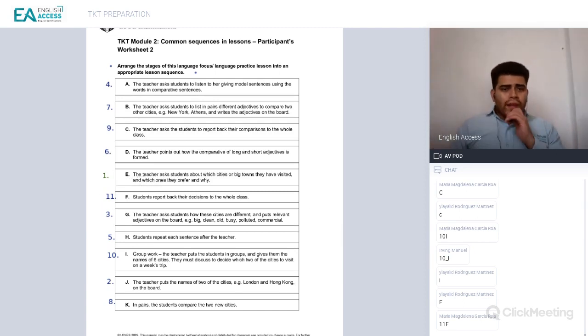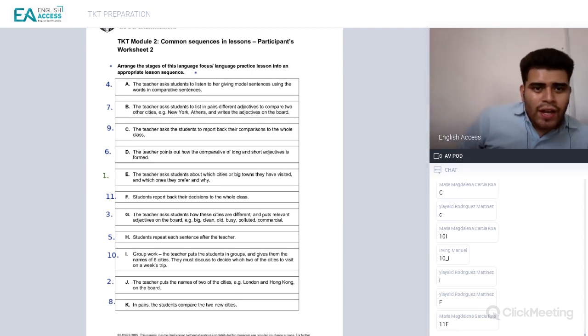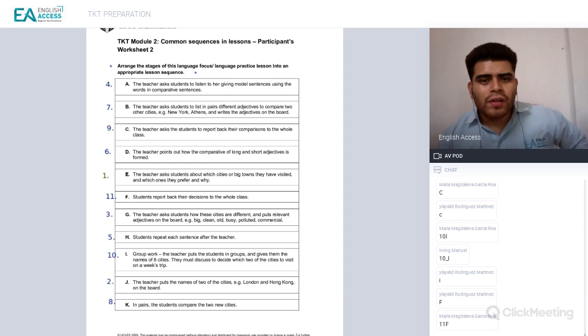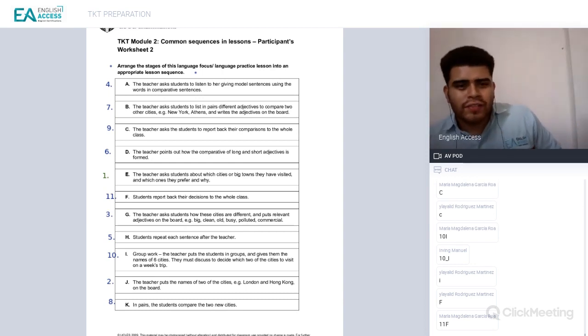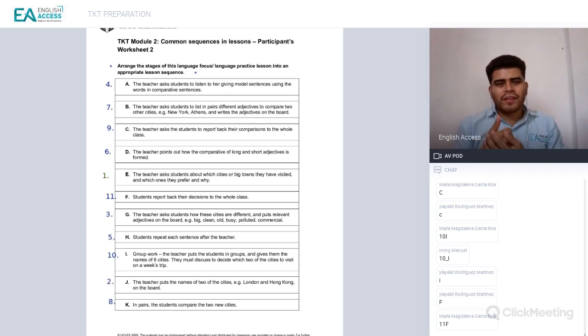All right, so we left off at 6. The teacher points out the comparatives. All right, and now you're giving the students an opportunity to compare two other cities. Okay, so now you presented already, and you focused on the form.